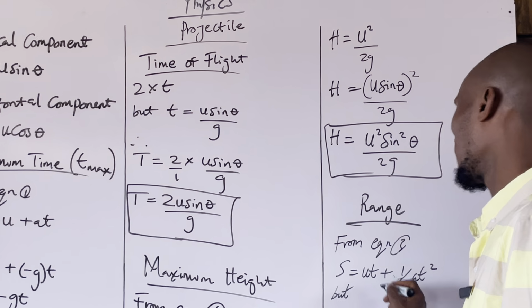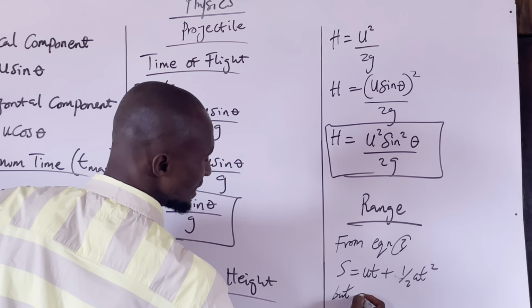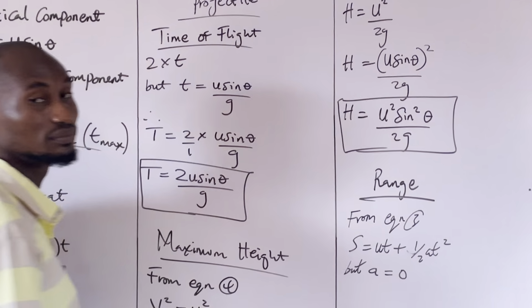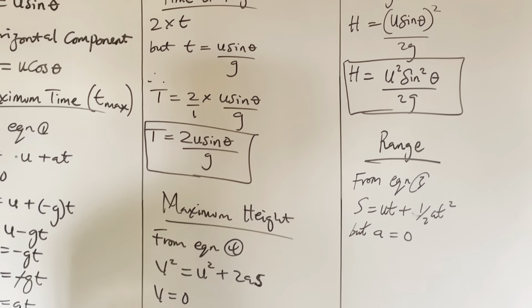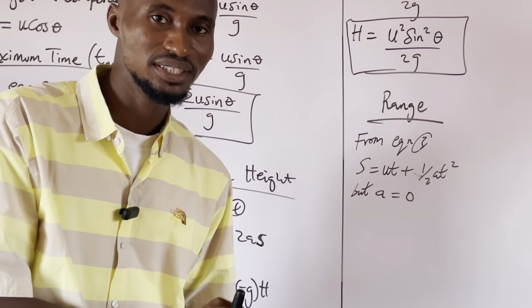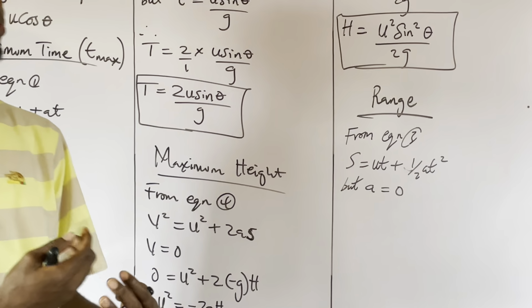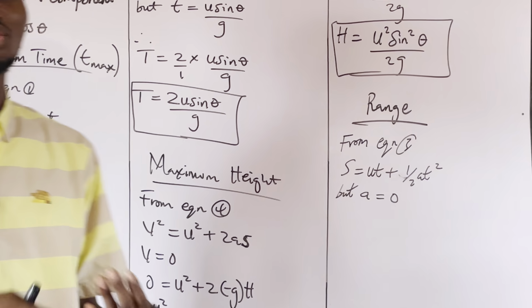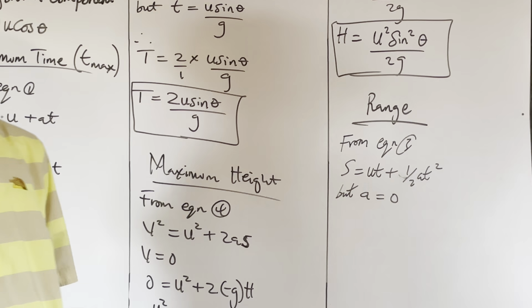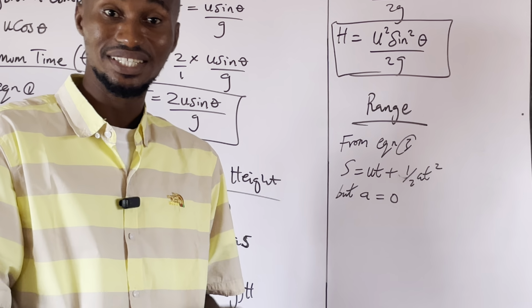But a here is equal to 0. Why? Because range is a horizontal component, not a vertical component. So when you are introducing a vertical component into a horizontal component, that vertical component is useless there, it is 0.